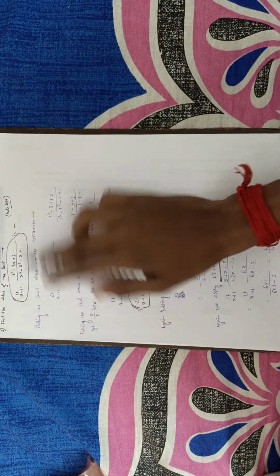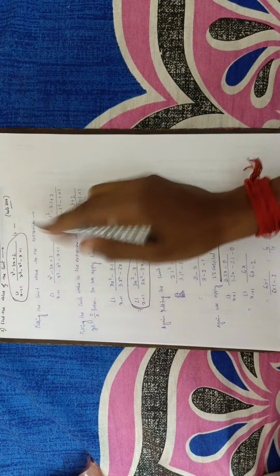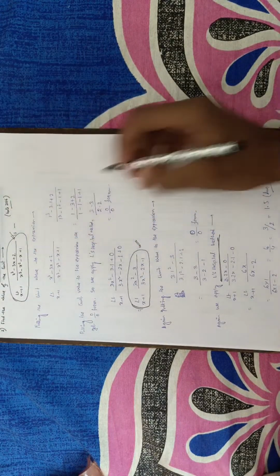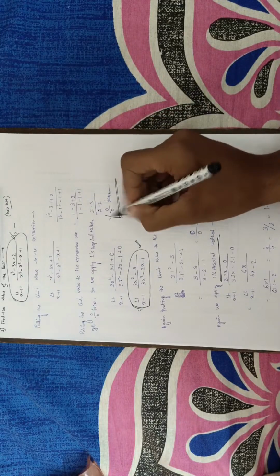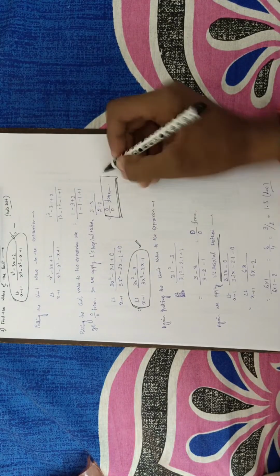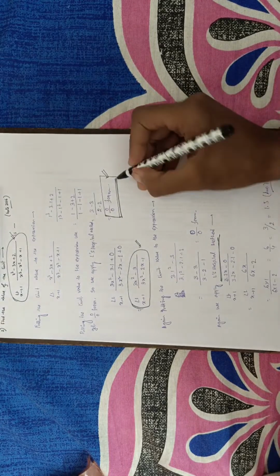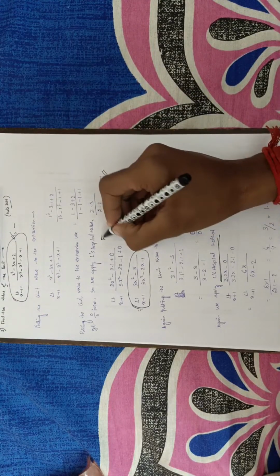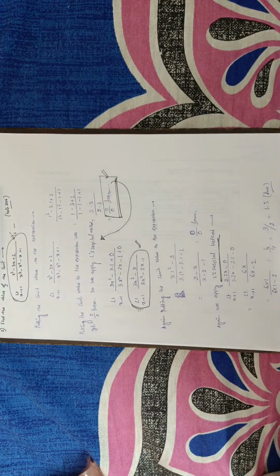If this type of expression is given, then we put the limit value into the expression and check whether we get 0 by 0 form or not. If we get 0 by 0 form, then we apply L'Hospital's method. Applying L'Hospital's method means taking the first-time derivative of numerator and denominator.